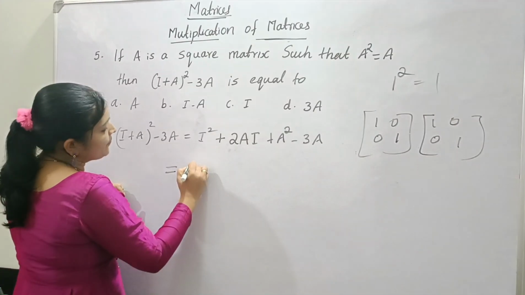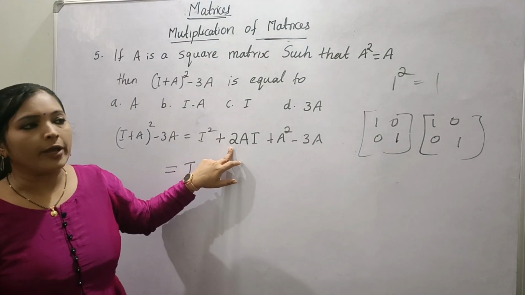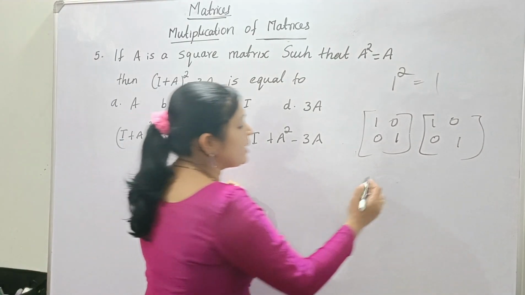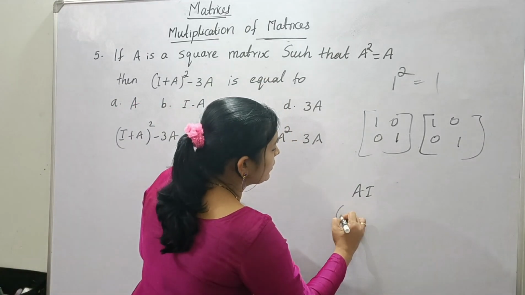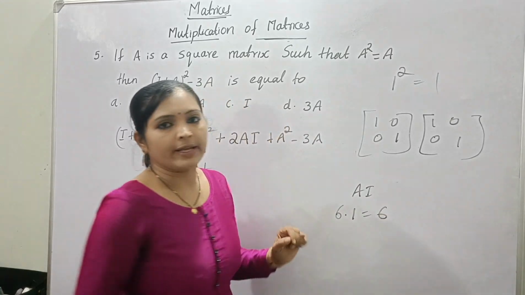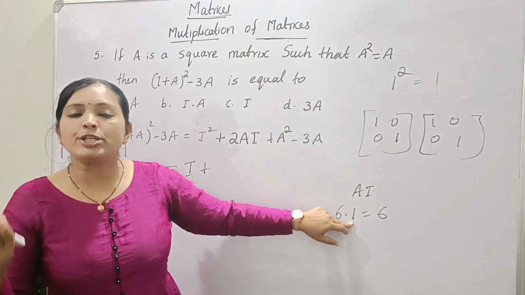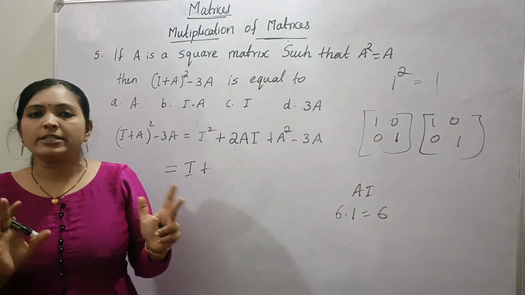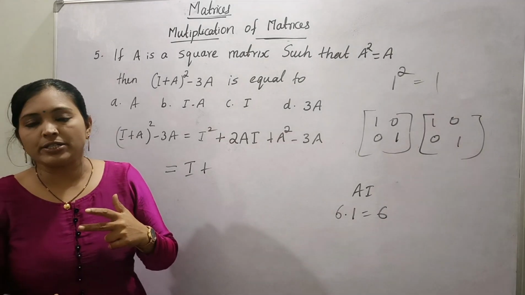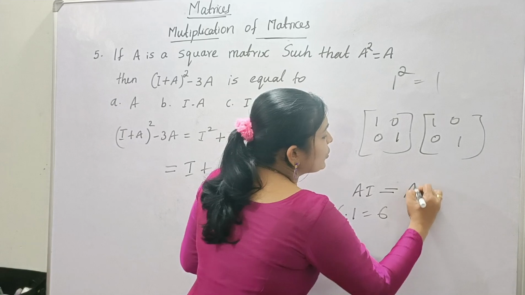Okay, so here I plus 2 into A into I. So here also, what is A into I? Now let us take numbers. We know that 6 into 1 is equal to 6 itself, right? Here 1 is the multiplicative identity of numbers. We know that the identity matrix is the multiplicative identity of matrices, right? So here also AI is equal to A itself.